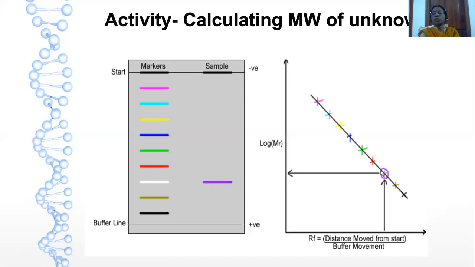So we have circled the white spot with the violet, saying that this is the molecular weight of my unknown sample which I have extracted. Then you can see the red, green, blue, and so on. So this is a way to calculate the molecular weight.